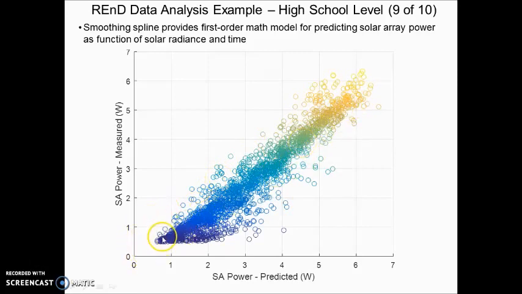If it were a perfect fit, it would be a very strong, very narrow line right along 45 degrees here. It certainly isn't perfect, but there is quite a bit of the variation of the data that has been explained by the two factors of solar radiance and time of year, and added to that with the physical interpretation that it's a function of the solar array efficiency. Now, there's still considerable variation, and so certainly there is more to be done here to dig into this data further and understand what's going on.